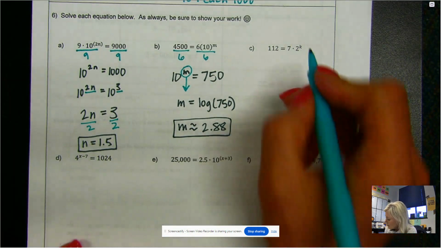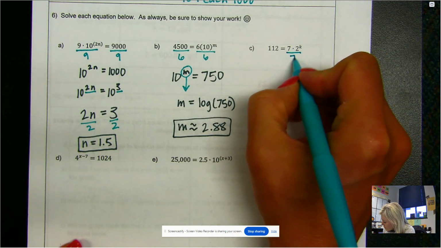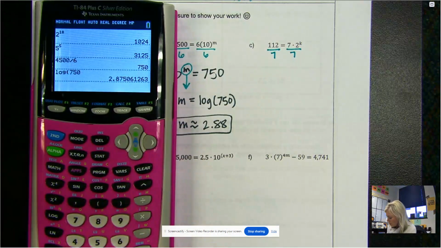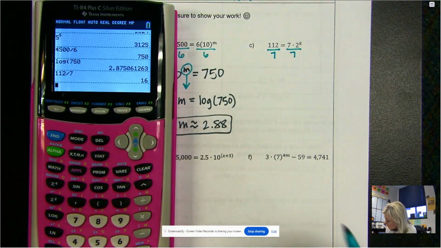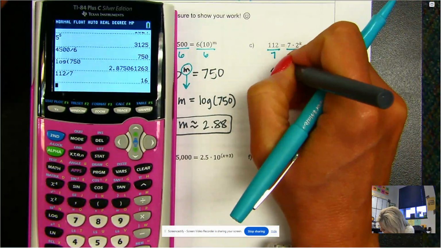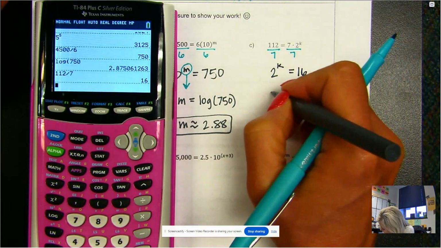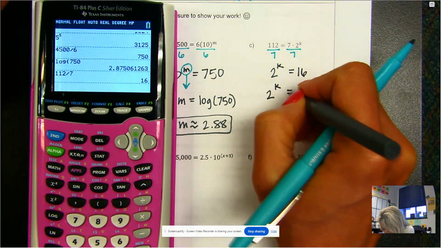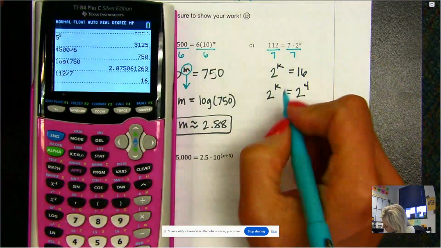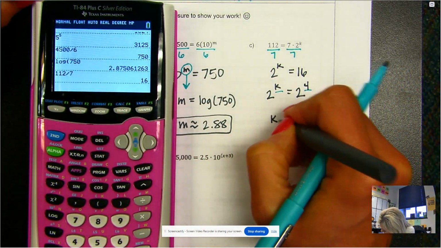All right, C. We need to isolate 2 to the k by dividing by the 7. On my calculator, 112 divided by 7 is 16. So 2 to the k is equal to 16. I happen to know that 16 is equal to 2 to the 4th. And so again, if the bases are the same, the exponents have to be equal.